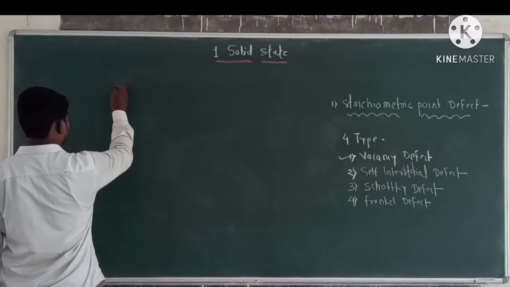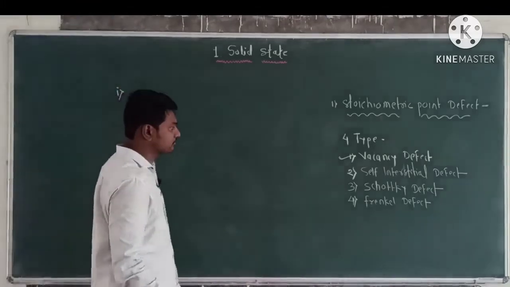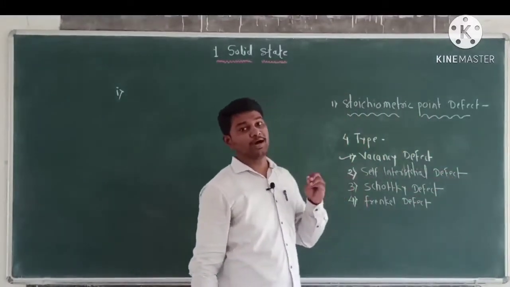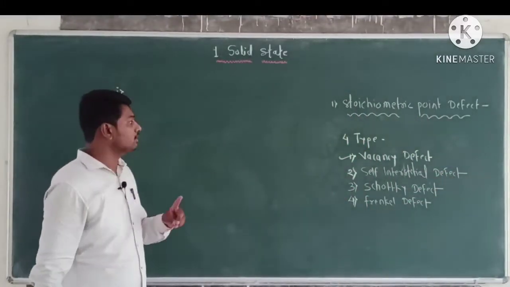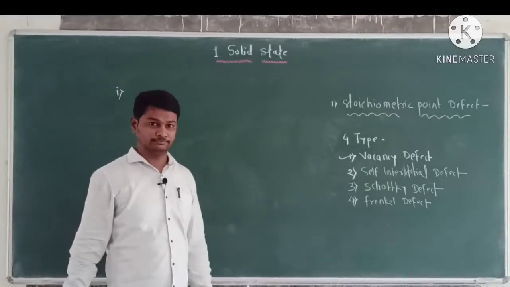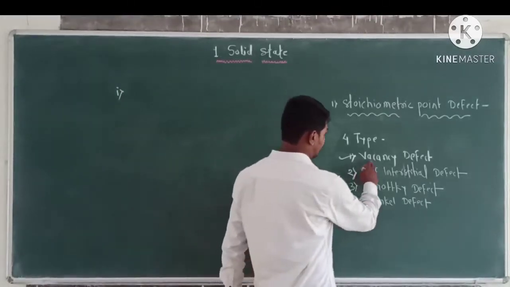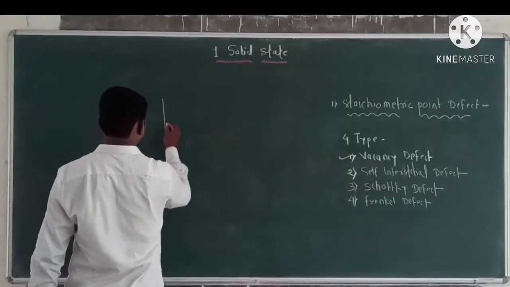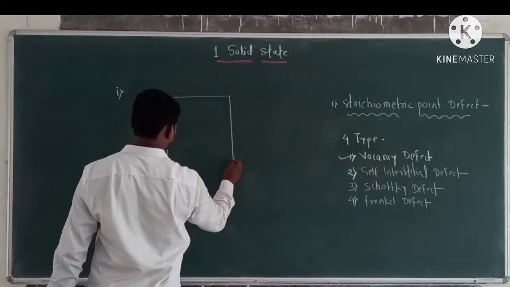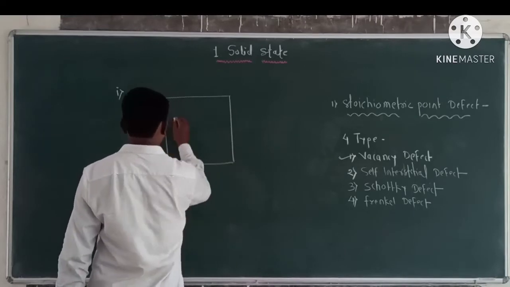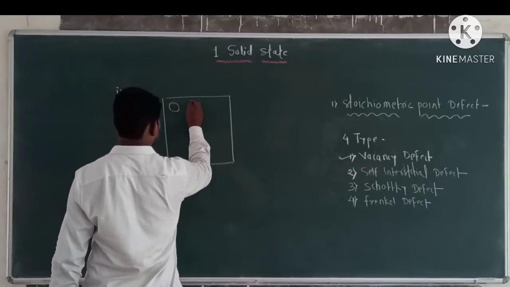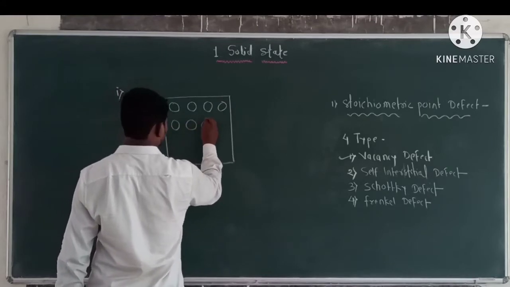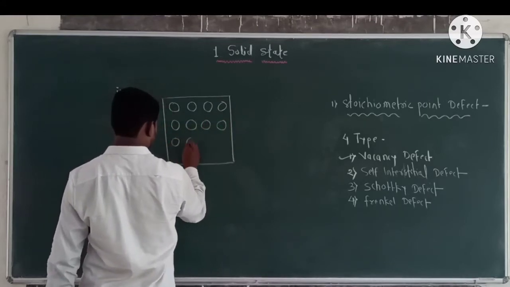First point, in a vacancy defect, a vacancy is produced by the absence of a constituent particle. Therefore such a defect is called vacancy defect. For example, this is a solid and this is a constituent particle.